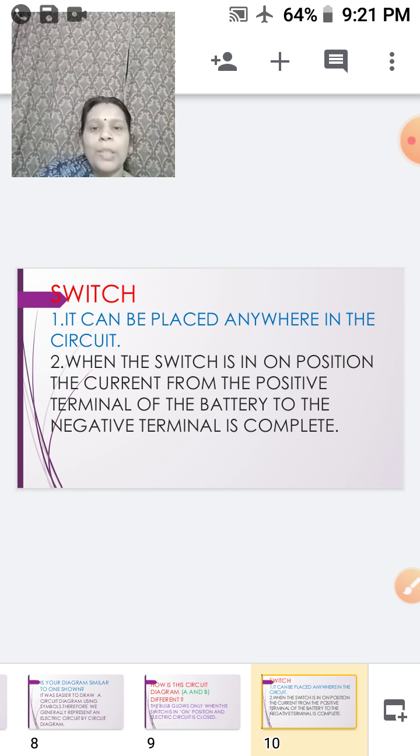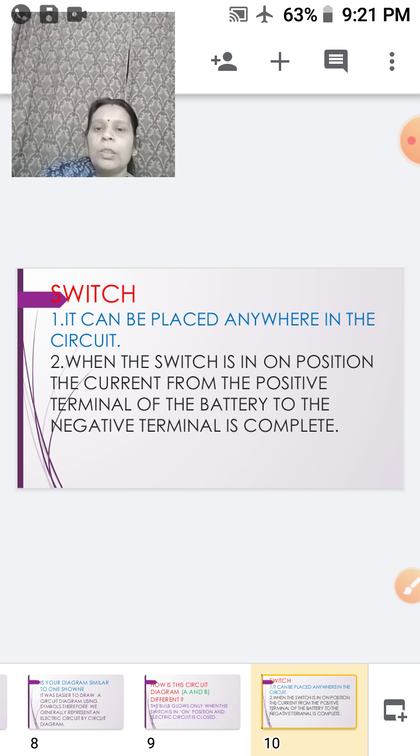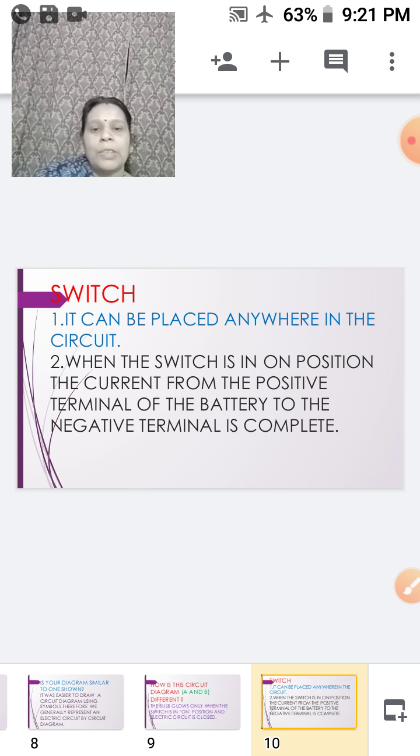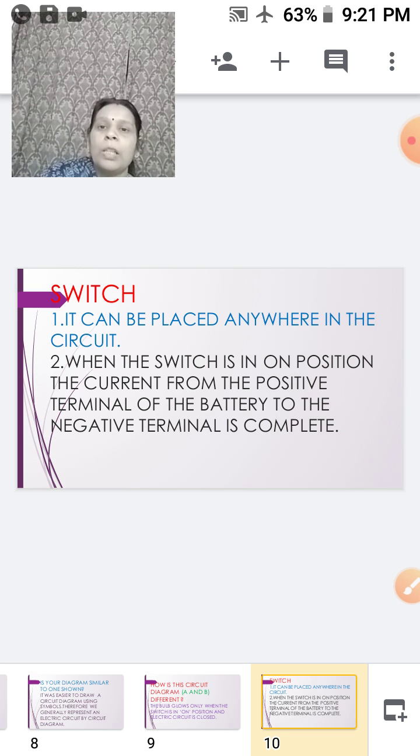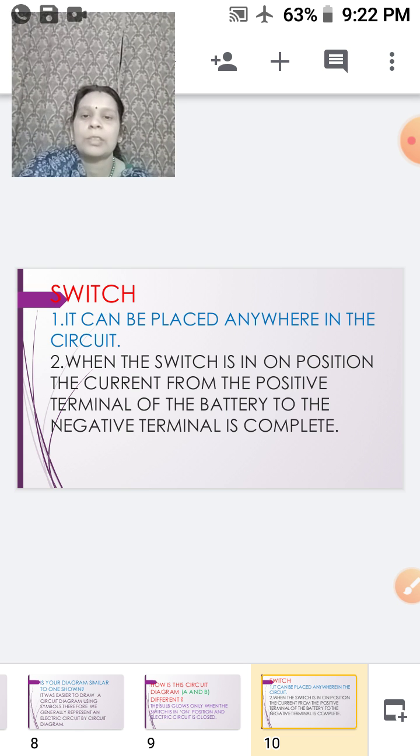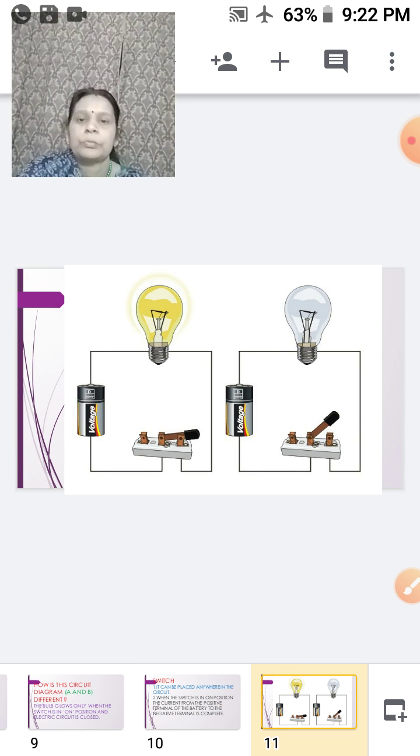Second, when the switch is in on position, the current flows from the positive terminal of the battery to the negative terminal. That means whenever we are talking of a circuit, the current always flows from the positive terminal of the battery to the negative terminal. Only then do we say the circuit is complete.